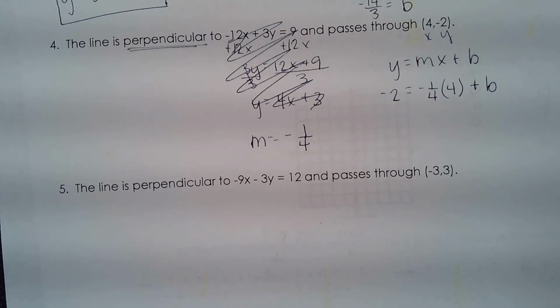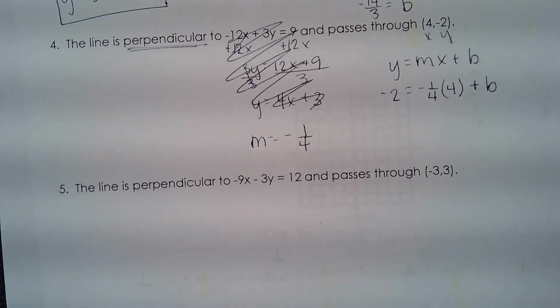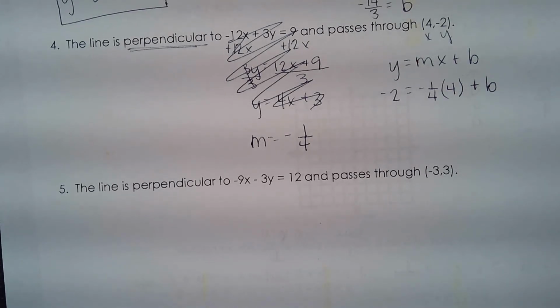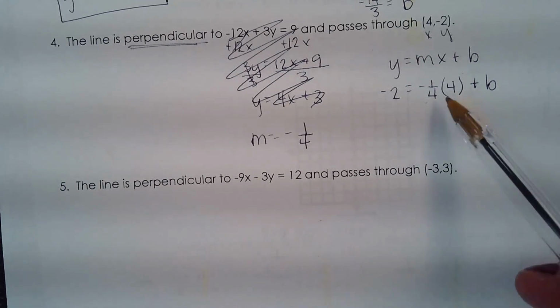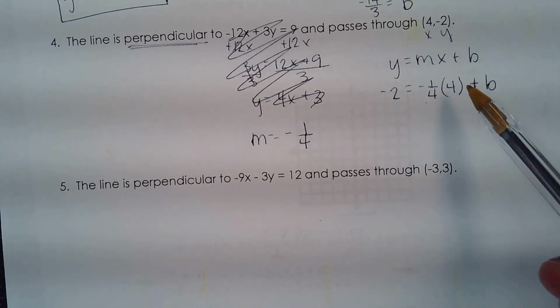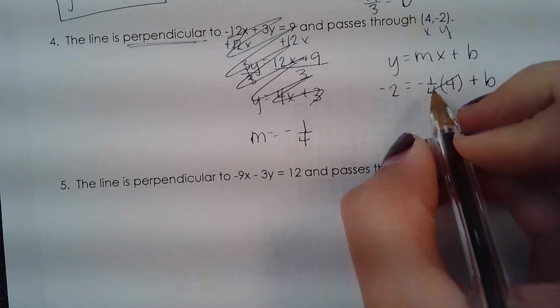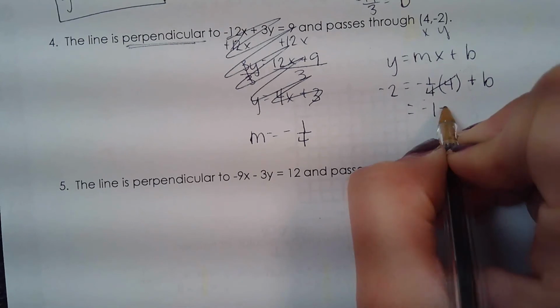So we've got -1/4 times 4. What is that? Nope. -1, right? Do y'all remember how we multiply by denominators to get the fraction to go away? That's what we're doing right here, right? You're doing 1 over 4 times 4, multiply by the denominator so it goes away. That just gives you a -1 plus b.